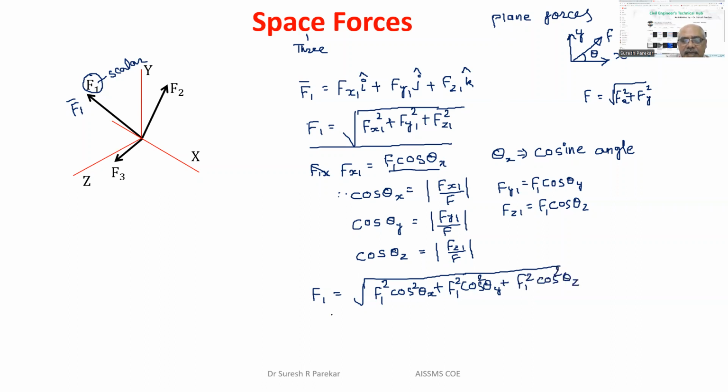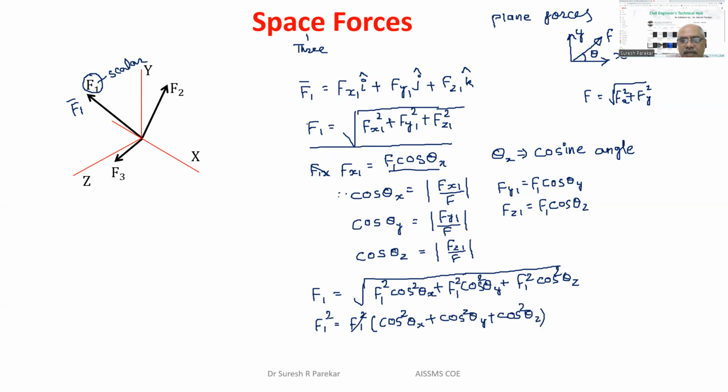From this we take F1 common, or we take the square on both sides, and we have F1 square in brackets cos square theta x plus cos square theta y plus cos square theta z.